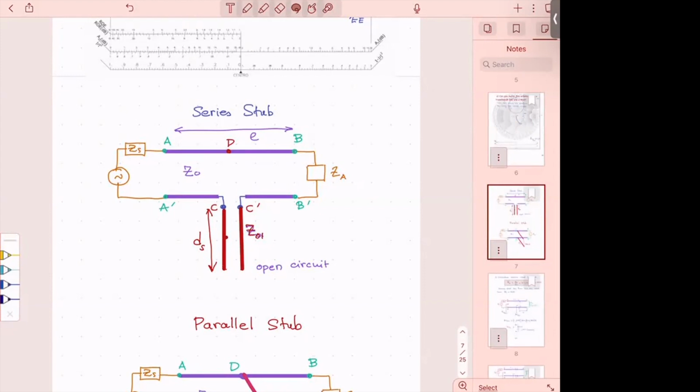These are so close to each other that I only have one other point corresponding to this point. So if I come to point B, practically the distance between D and B is like half a wavelength. Whatever I see here, I will see here in terms of impedance, all right? The impedances on a transmission line repeat themselves every half a wavelength. Okay, so that's what the Smith chart is telling me.